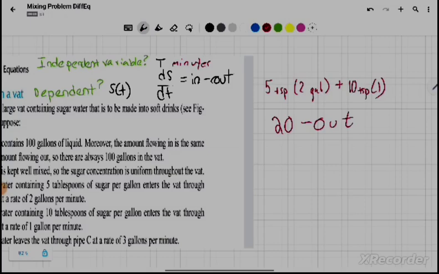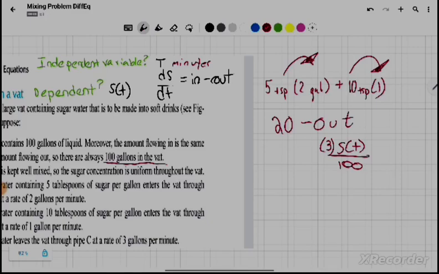We don't know a total amount, but we do see that there's some amount of sugar, S of t, out of 100 gallons. So we have S of t over 100 gallons in the vat, and this is coming out at a rate of 3 gallons per minute. So let's write this 3 right here.